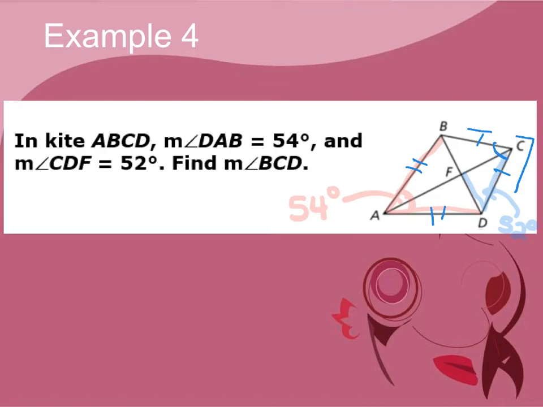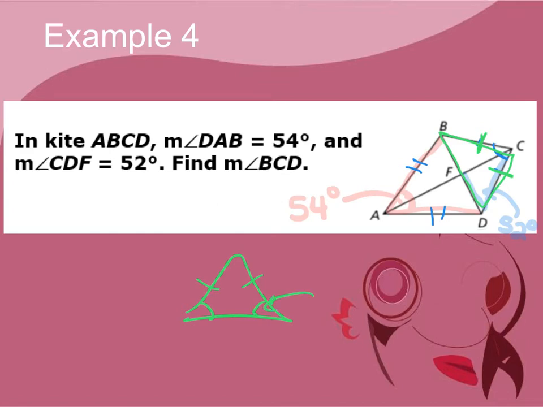So I can do this two ways. I can treat this top part as an isosceles triangle. Notice I have congruent sides here. So if I redraw this, recall that base angles in an isosceles triangle are congruent.